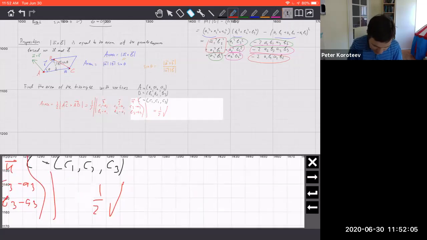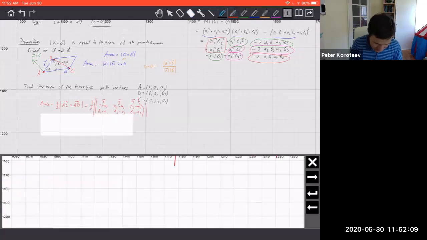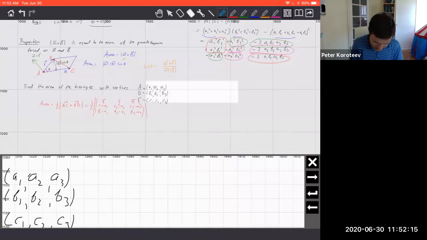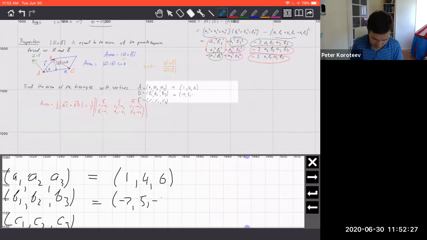Instead, let's plug in some numbers, right? Let's maybe take the one that's from your book. Say point A is equal to 1, 4, 6. This is -2, 5, -1, and this is 1, -1, 1.